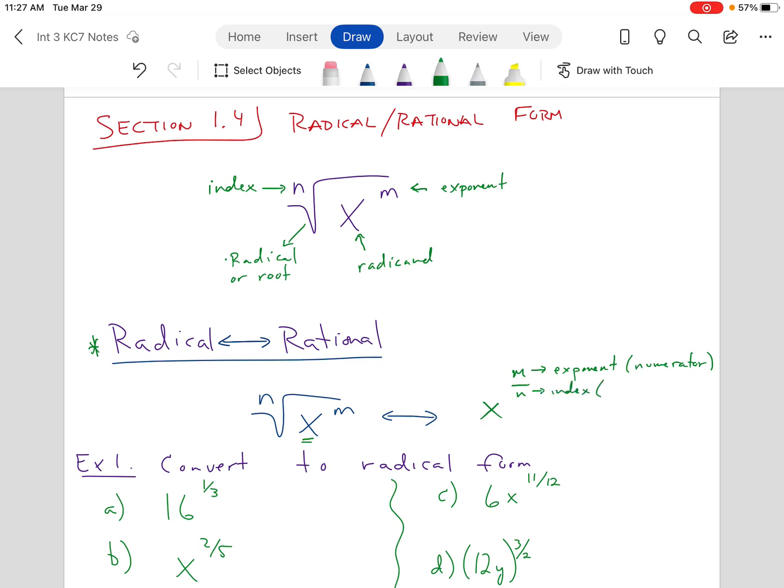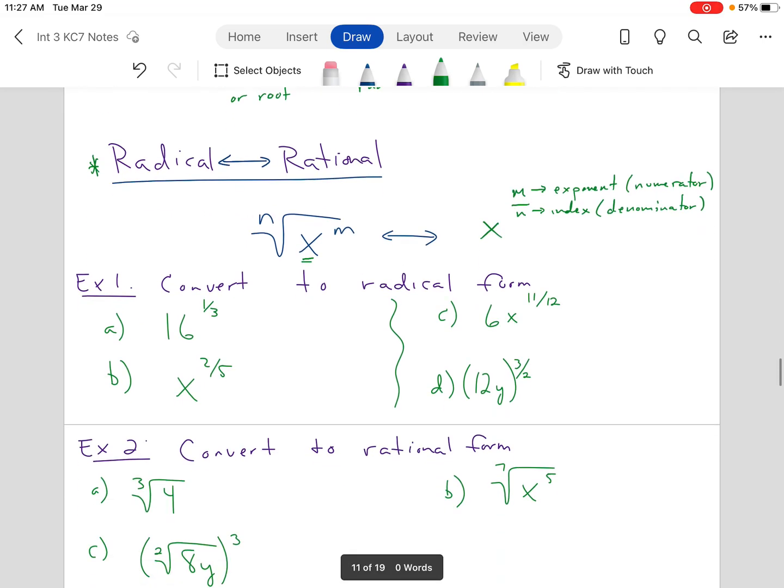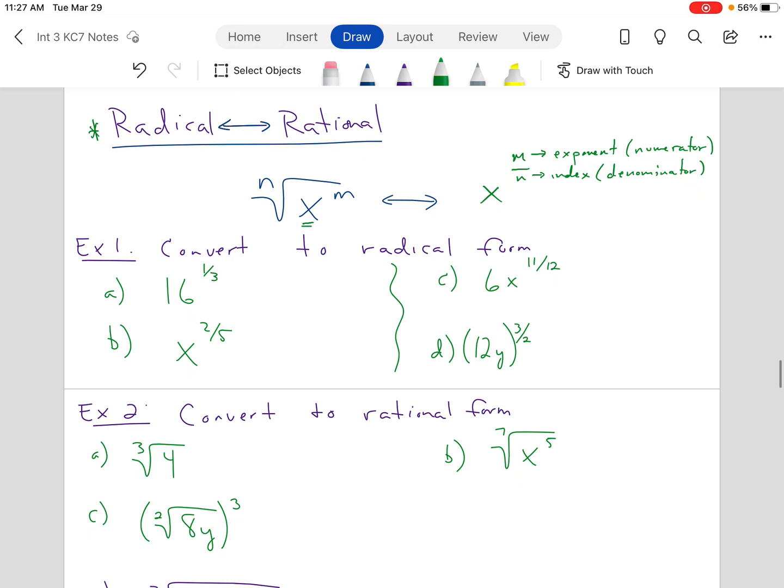And n is your index, which will become your denominator. Always. So the exponent is on top, the index is on the bottom. That is your fraction. We're going to go back and forth between converting rational to radicals and radicals to rational.